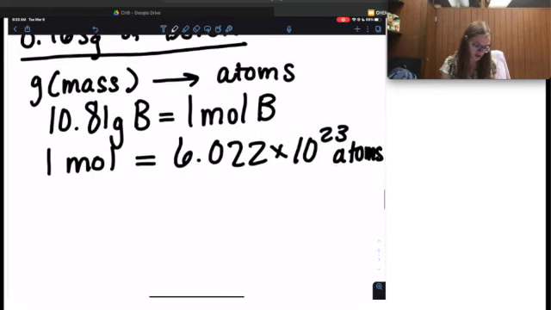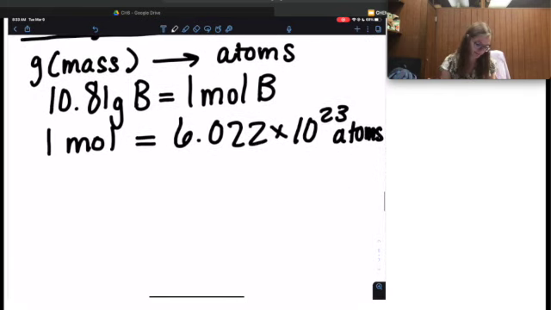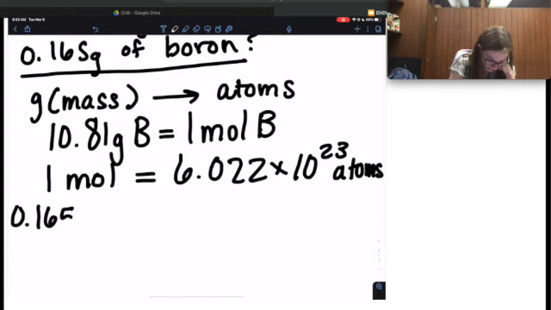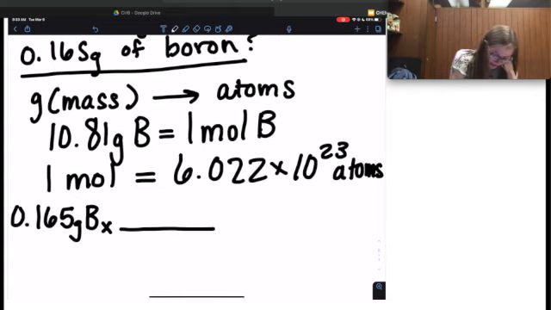So I'm going to scroll up just a little bit here so that I have a little more space. So I have 0.165 grams of boron. Well, I want to get rid of grams. I know that for a fact. I'm trying to go from grams to something else. So let's use the molar mass to get rid of grams.